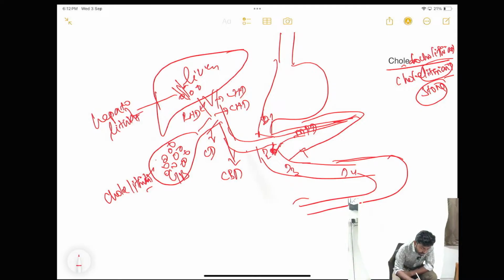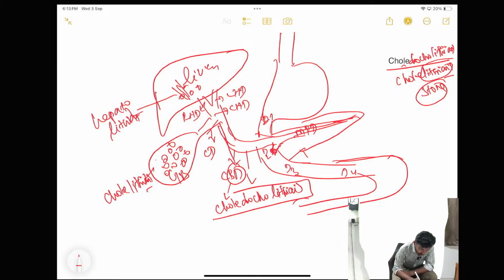Suppose stones are in the CBD, the common bile duct. Bile means chole, and the gallbladder is the bile bladder. The duct is the bile duct, so bile means chole, duct means docho, and stone means lithiasis.